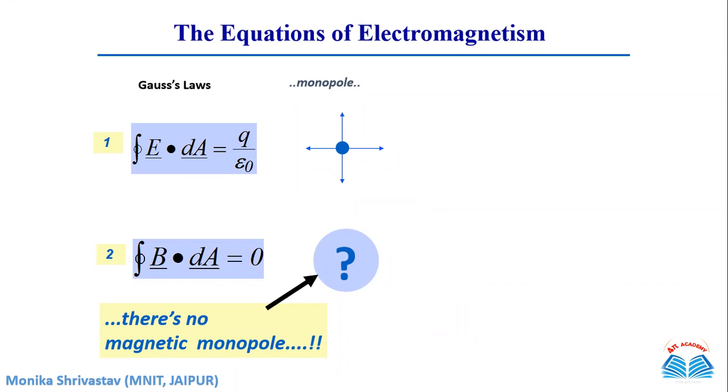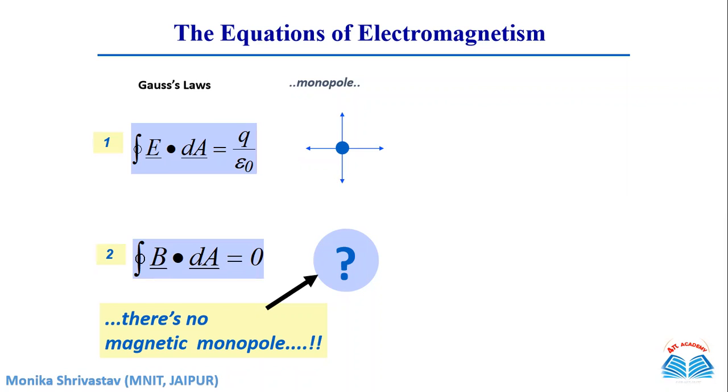You know that in electric fields, there are monopoles, dipoles and quadrupoles. Gauss's law for the electric field is closed integral E dot dA equals Q upon epsilon naught. But Gauss's law for the magnetic field will be closed integral B dot dA equals 0, because in magnetic fields there is no magnetic monopole.